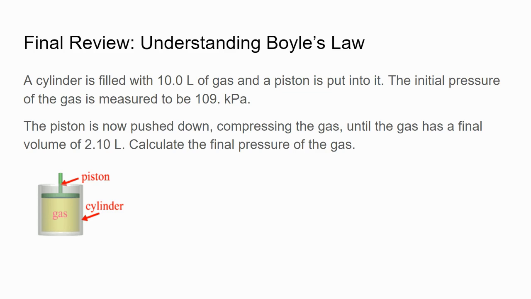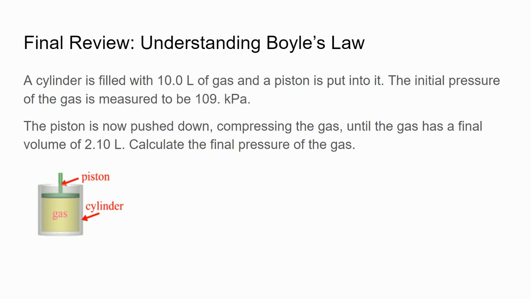But how many sig figs do we need on this answer? 3. Good, we need 3. So if we look at all of our numbers, they all have 3. So this should also have 3 sig figs. What did you guys get when you did this? 5.2 what? Because we need 3 sig figs.